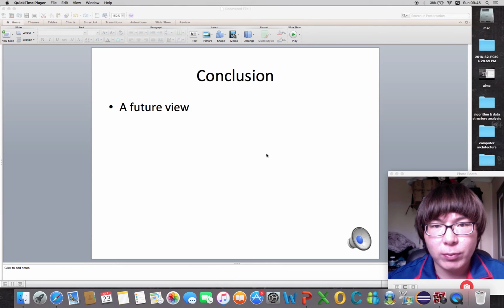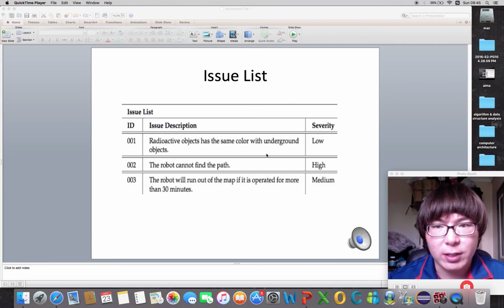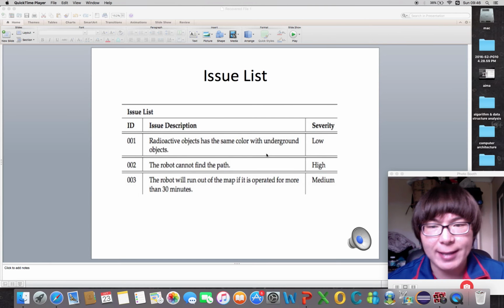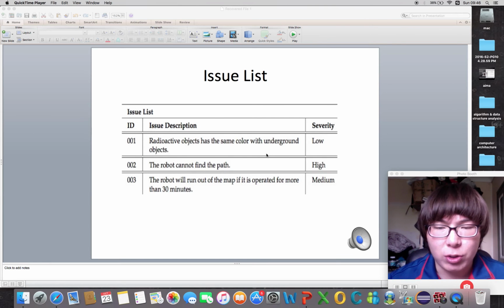Next, I will introduce the issue list. It is noticed that the issue list plays an important role in contributing to the testing report because the issue list can list a lot of bugs and some problems with these codes and the robot.